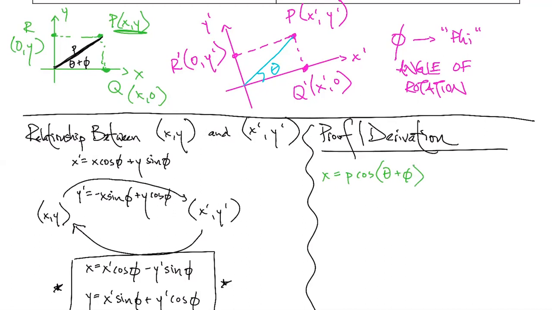Now, what can I do with this? I can go back to pre-calc, maybe trig, where I learned about the sum and difference formula for cosine. And I could write this as p times cosine theta cosine phi minus sine theta sine phi.